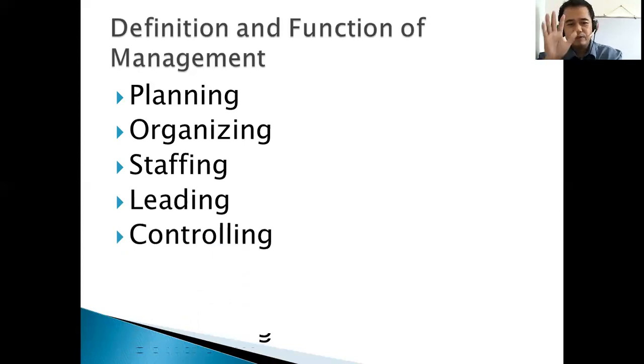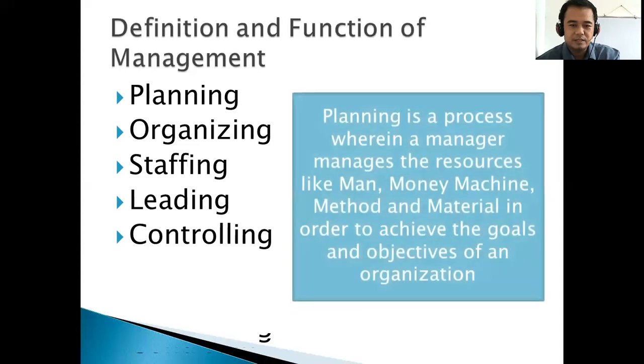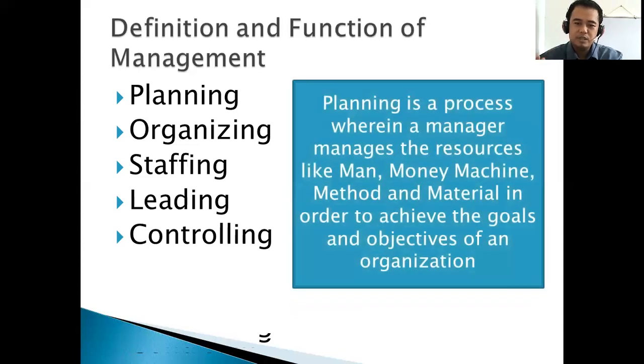These five functions of management are very important for your business to become successful. And here's the meaning: man, money, machine, method, and material, in order to achieve the goals and objectives of an organization.